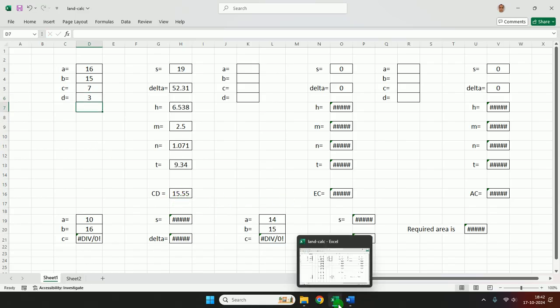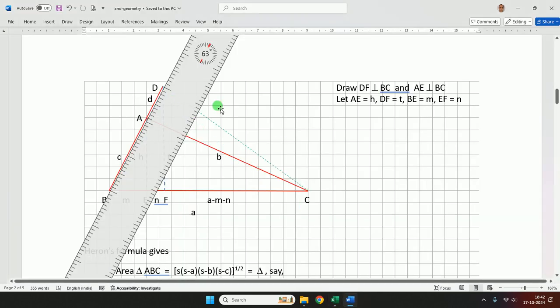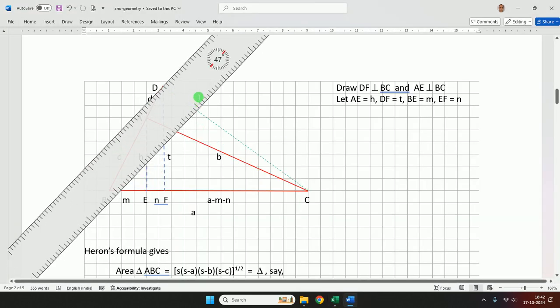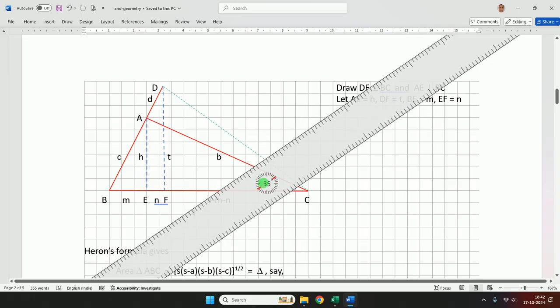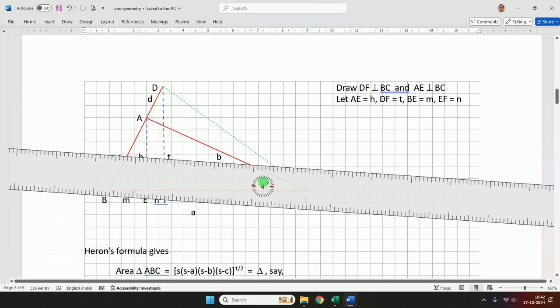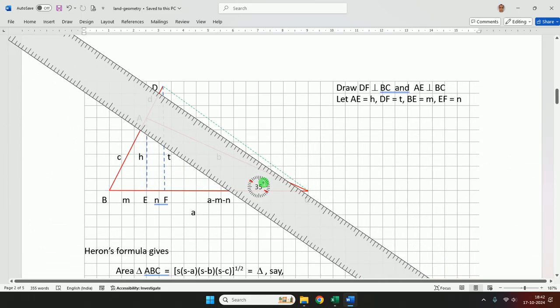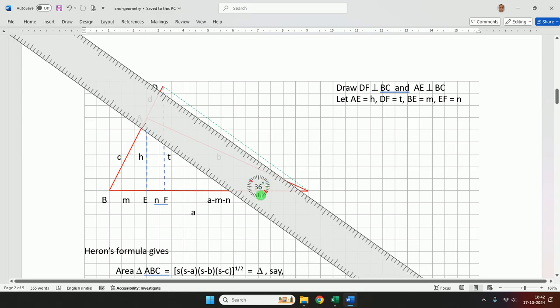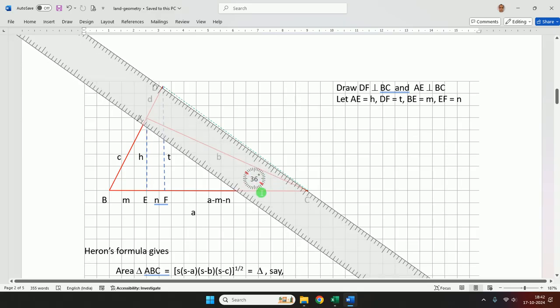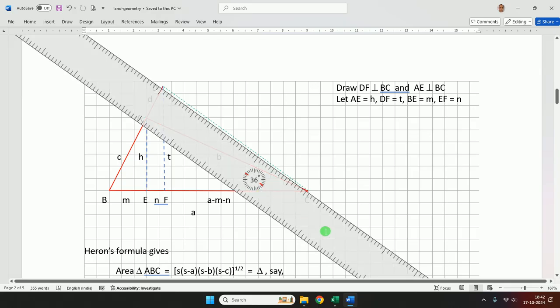Let us see what the CD length is here. This is CD. So it is here.